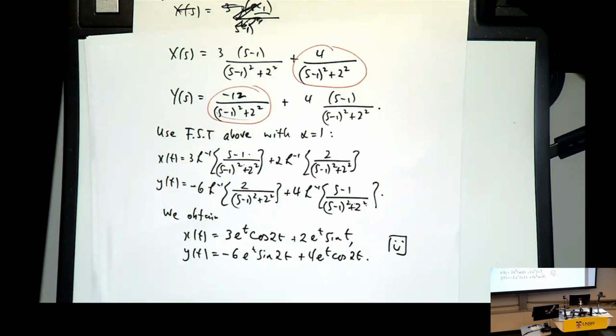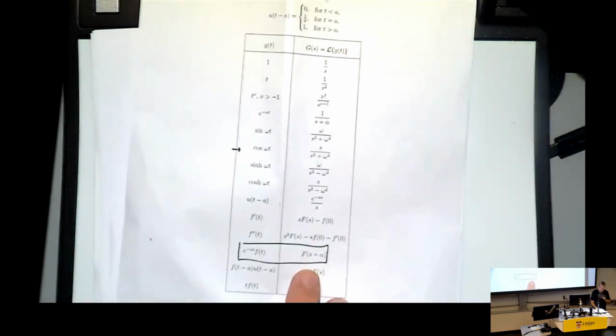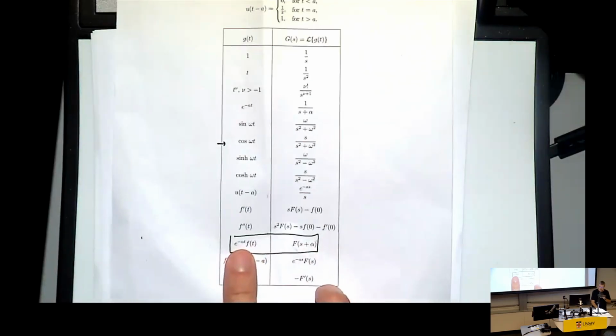Would you need to do t minus 1? So that's a good question. For this thing, let's have a look at the form of those things. If we go back to our first shifting theorem, the shift's there, but there's no shift there.